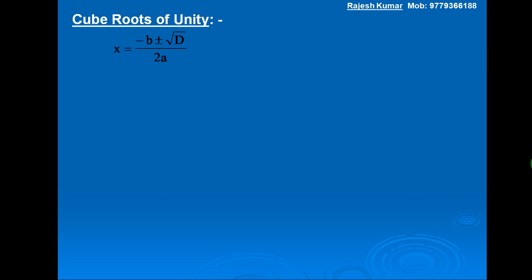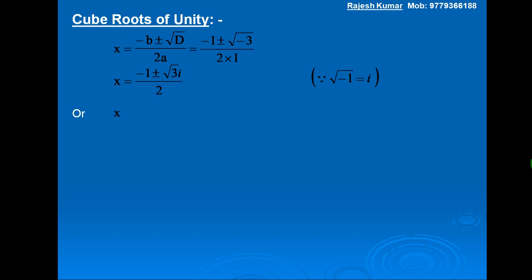Putting the values, we get this is equal to minus 1 plus minus under root minus 3 upon 2 into 1. And solving this, x is equal to minus 1 plus minus under root 3 iota upon 2, because under root of minus 1 is equal to iota, an imaginary number.